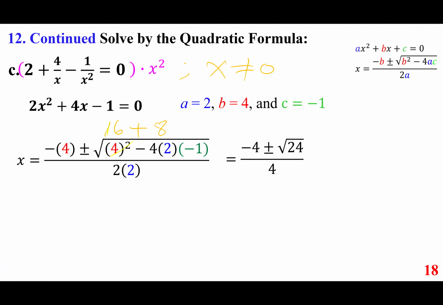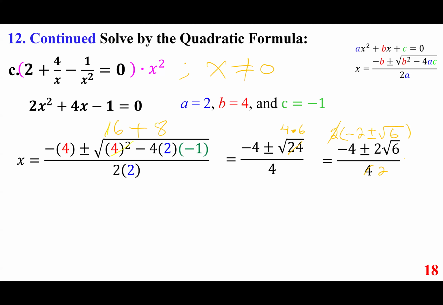And again, 24 is the product of 4 and 6, and 4 comes out as 2. We can factor the 2 out from the numerator. On purpose, I picked questions that almost all of them have this factor. Not all the questions will, but I did that because it's been a problem in the past that students have made a mistake.